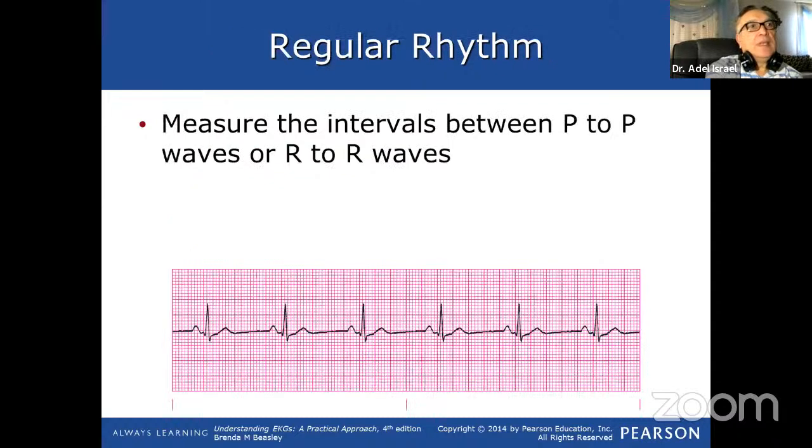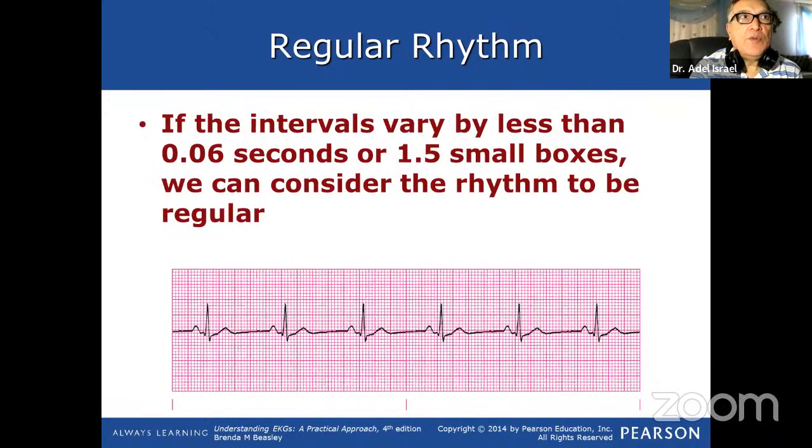Okay. Let us have an example of this strip. As you see, the distance between R to R is almost fixed. So I will say this is a regular EKG strip. If we have a variation, which is 1.5 small box, I can still consider it regular.